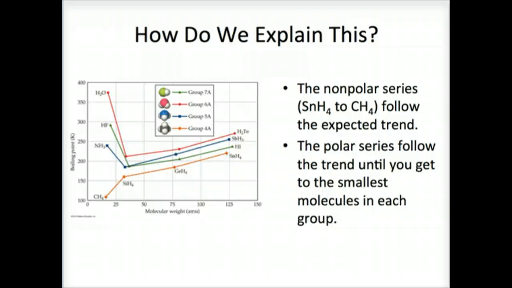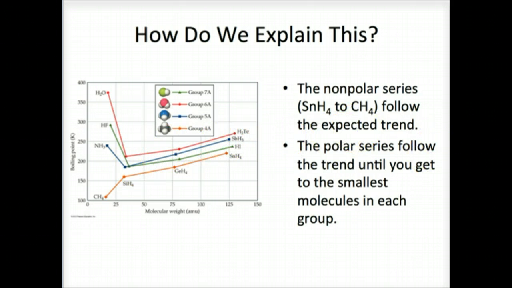Now, where we see this trend is obviously when we compare compounds within a group. So here you can see we have CH4, which is methane, SiH4, GeH4, etc. And so we can see that trend. You can see that trend here with the hydrogen iodide, hydrogen bromide, hydrogen chloride, etc. You can see the trend that we would expect to follow.